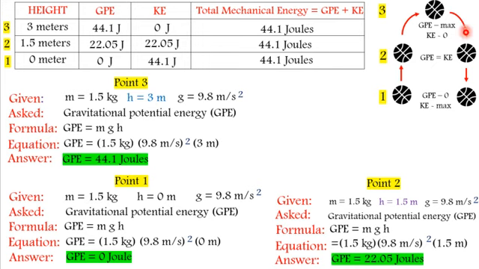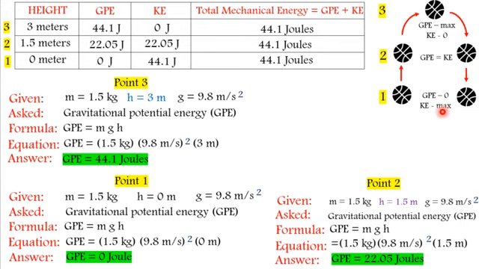From the top to the ground, from point 3 to point 1, the transformation is from gravitational potential energy into kinetic energy. So it is very evident here that there is no loss of energy. Energy is neither created nor destroyed.